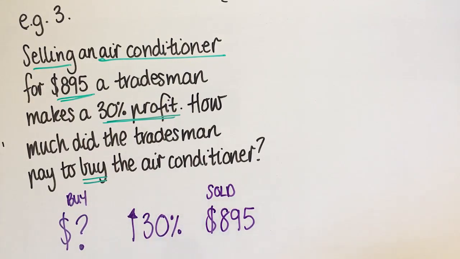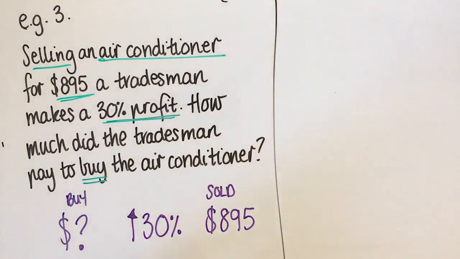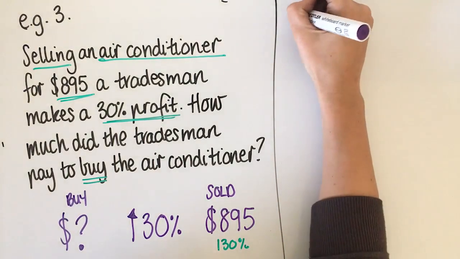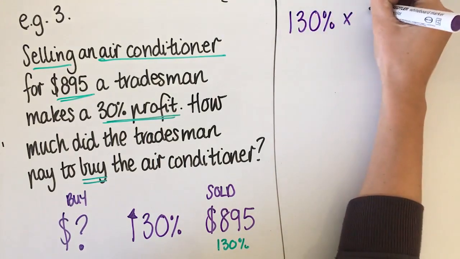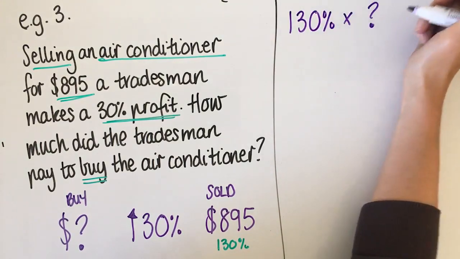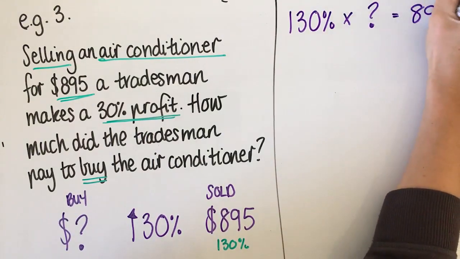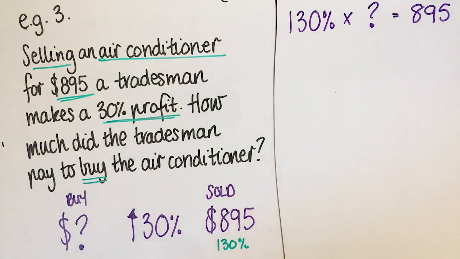So bought for an amount we don't know, they've bumped the price up 30% to then sell it for $895. What we can say is, if it's gone up 30%, this value here is 130% of what was here, because it's this and a bit more will give us this. So we have 130% times something we don't know will give us the $895.